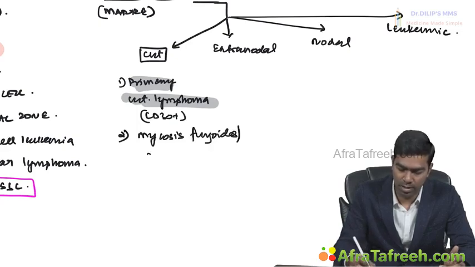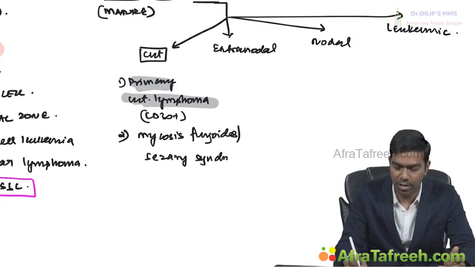It's again the difference between whether it involves only the skin or leukemic cells are seen in the blood also. Depending on that, you can tell both are the same entity. If you see leukemic cells in the blood, then you call it Sézary syndrome. If you see it only in the skin, that disease is called mycosis fungoides, but both are formed by the same type of cell and the same malignancy only.